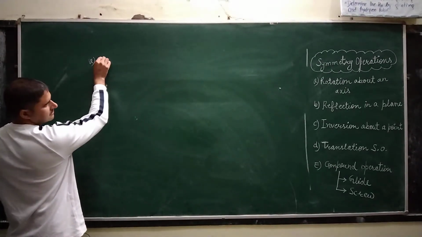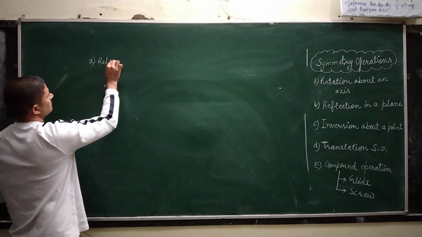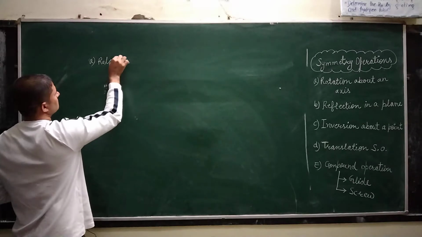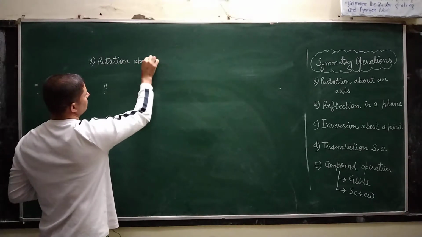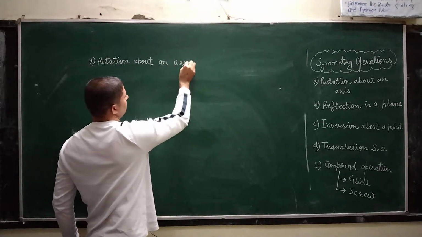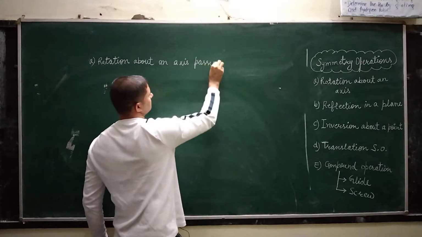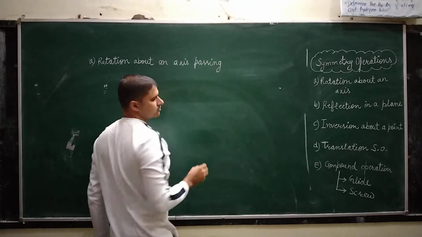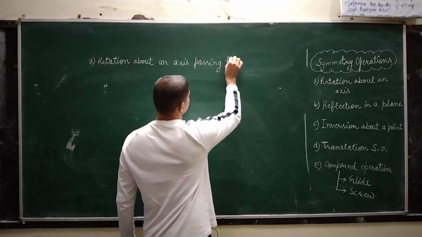So now the first kind of symmetry operation is rotation about an axis passing through a lattice point.